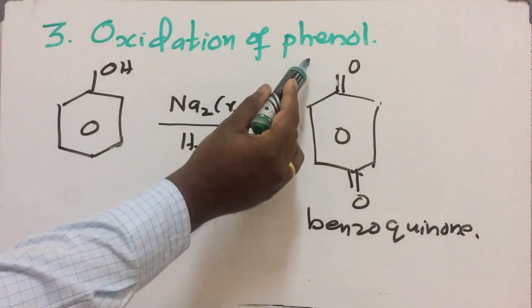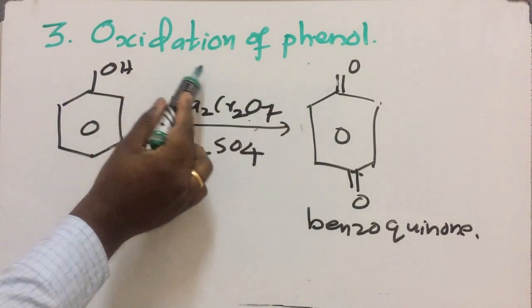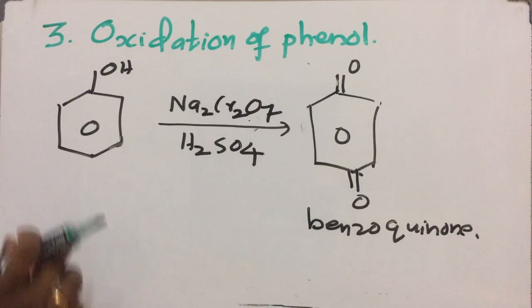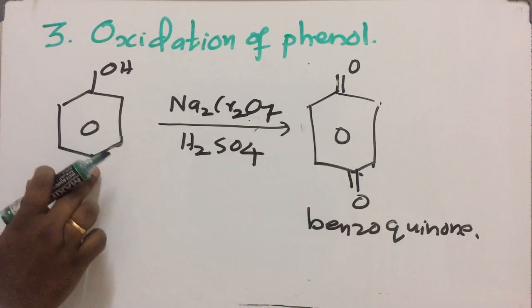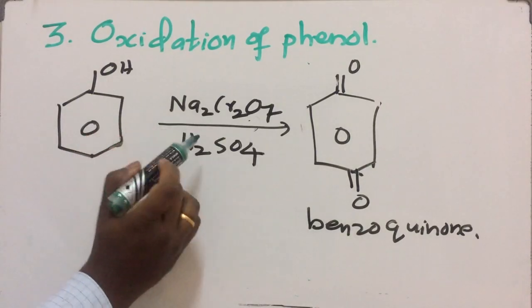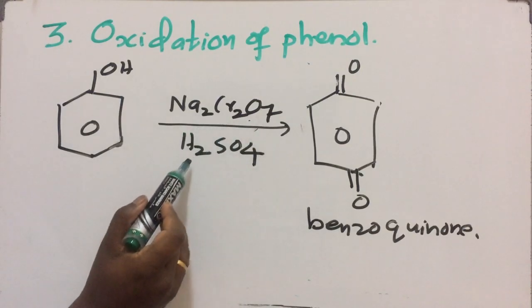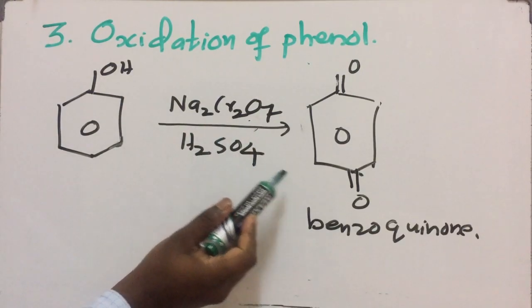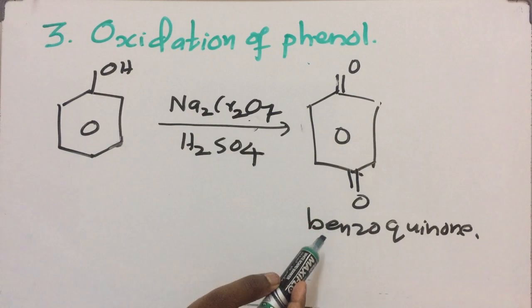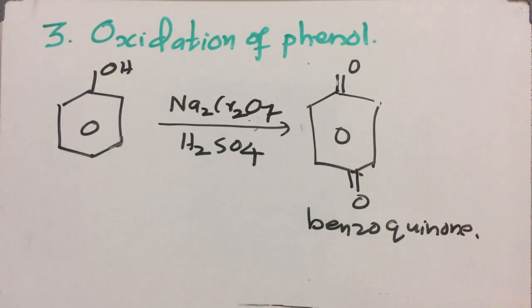The next reaction of phenol is oxidation. Phenol undergoes oxidation in the presence of sodium dichromate and sulfuric acid to form a diketone known as benzoquinone.